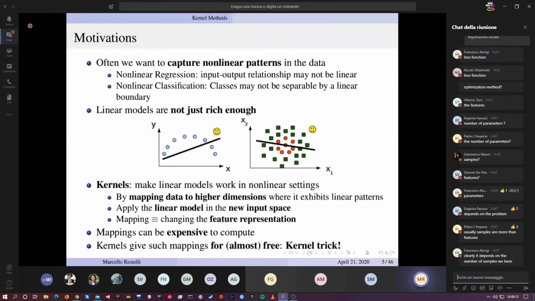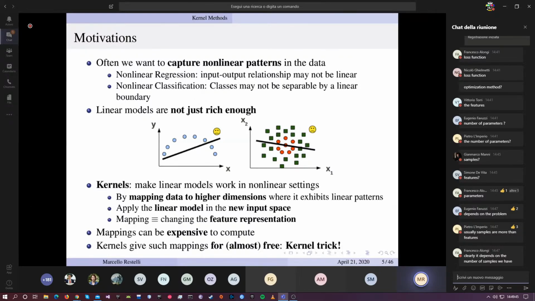Then once you have built all these features for all the samples in the training set, you have to compute the solution, with cubic complexity in 1 million parameters. So it is impossible to apply. But maybe you want to do this because you want to search in a very large feature space, and then regularize using, for instance, ridge regression.